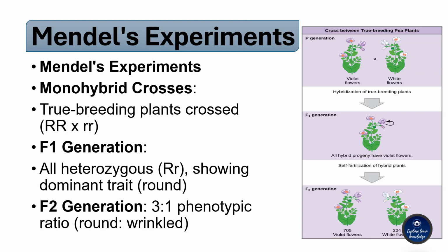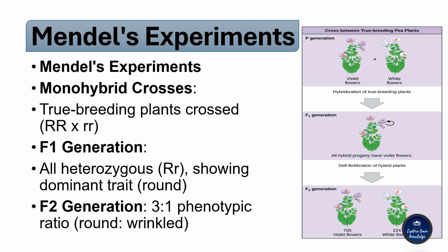Mendel's experiments. Mendel conducted his experiments using pea plants and focused on monohybrid crosses, where he crossed two true-breeding plants with different traits. For instance, he crossed plants with round seeds with plants with wrinkled seeds.